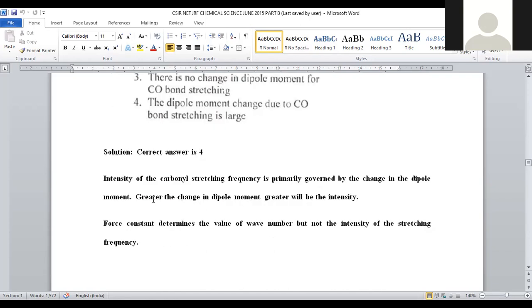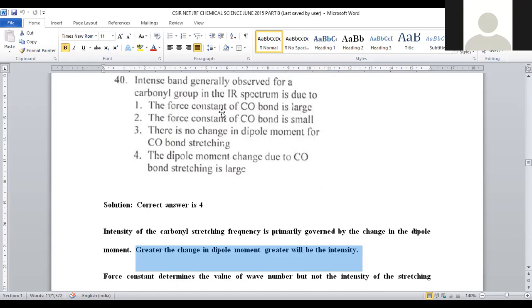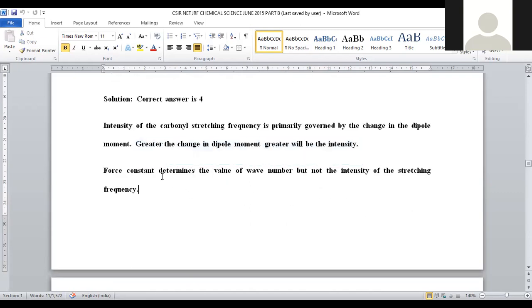That is the only driving force. Greater the change in dipole, greater will be the intensity. When you observe the other parameter given in the problem, the force constant doesn't show any effect on the carbonyl stretching intensity. Rather, it will influence the wave number. So the wave number value can be influenced by this force constant.